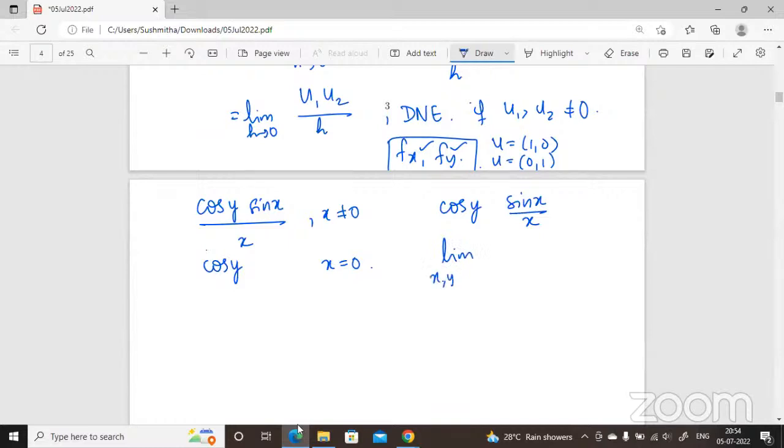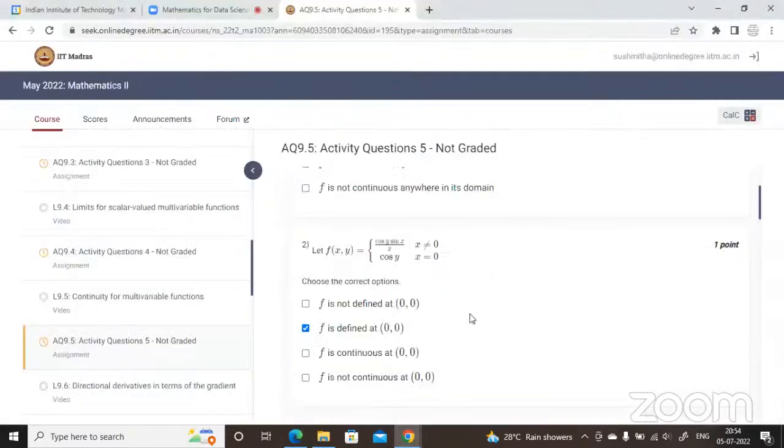Madam, sorry to pull you back. Can you explain the earlier statement once again? At (0,0), it is defined. When x is equal to 0, you have to use this definition, cos y, right?